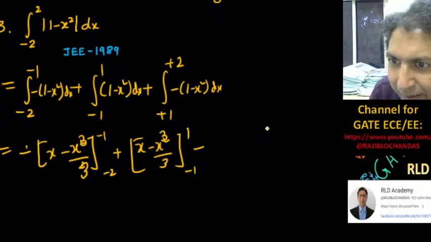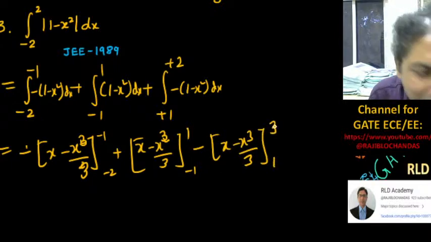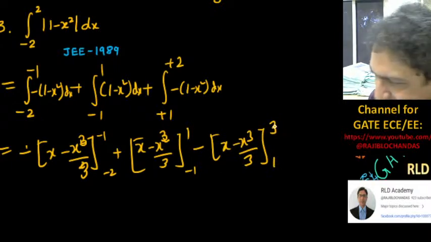This is again minus sign, x minus x cube by 3, from 1 to 2. Now you need to simplify it and you will get the answer.